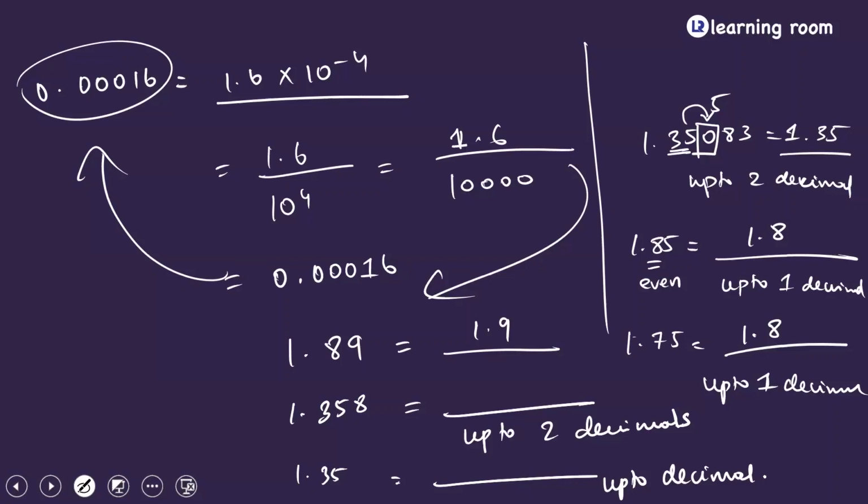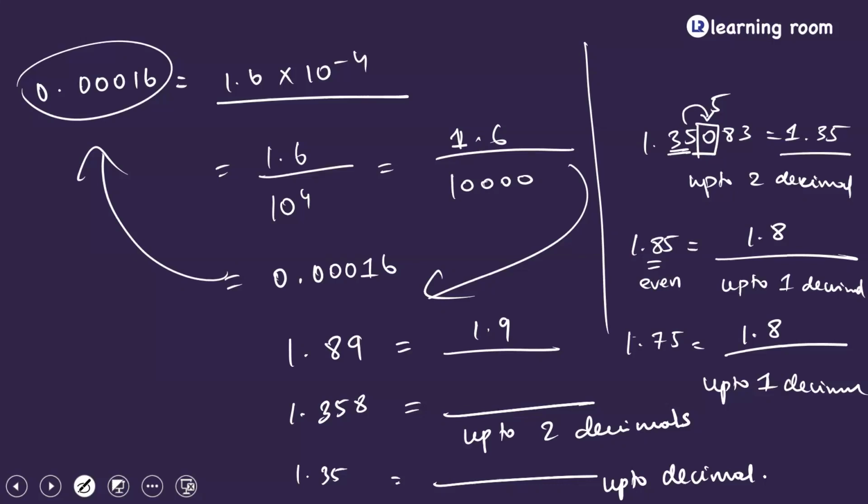Take the same example, 1.89. Here 9 is greater than 5. Lesser than 5, we leave it. If it is exactly 5, then you have to look at the number before it. If it is even, leave it as it is. But if it is odd, you will have to increase one number. That's it. Clear?